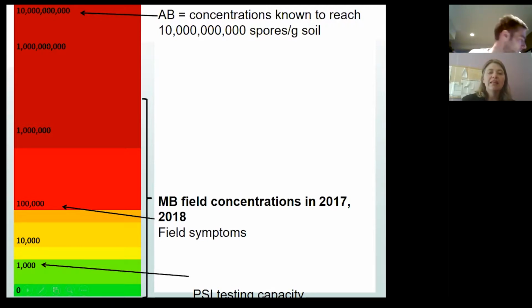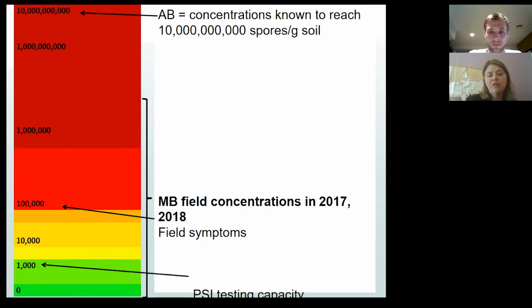So left unchecked, clubroot can advance very quickly, both in concentration. You start here and you move here every time that you grow another canola crop or a host crop. Finding it at this stage, even though very frightening, makes you really wonder what you're going to be doing with your next crops, if you can ever grow canola again.